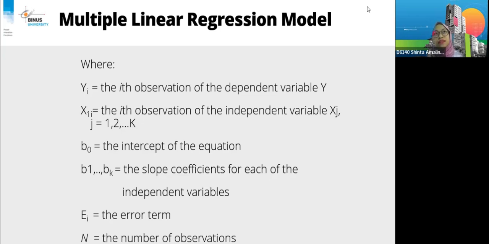So other than, let's say, stock prices, other assets like government bonds, green stocks, or even the foreign exchange, it is better to include control variables to control the factors that might also have an effect on the dependent variables.